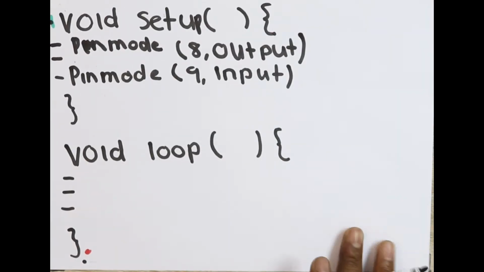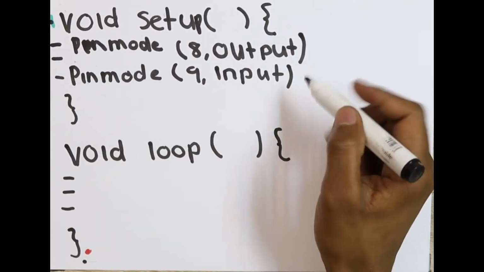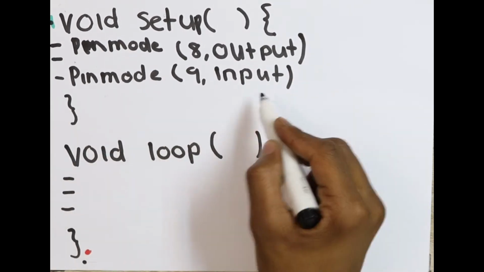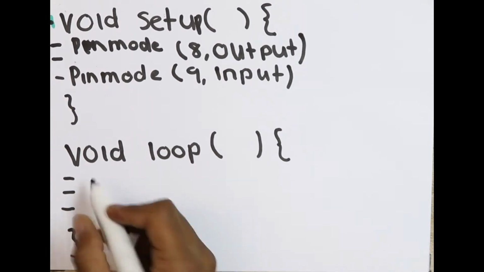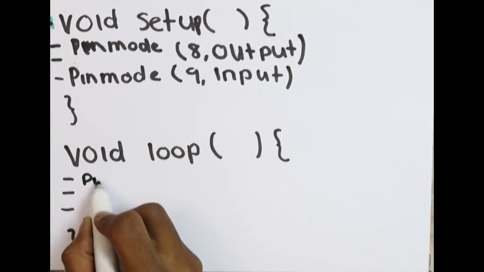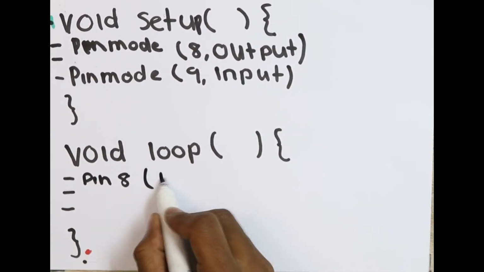So coming back to this example. Here you have your setup. So now I know that, okay, pin mode 8, I'm going to use it as an output, and pin mode 9 as an input. And then I'm going to go in this and tell it maybe make pin number 8 high.